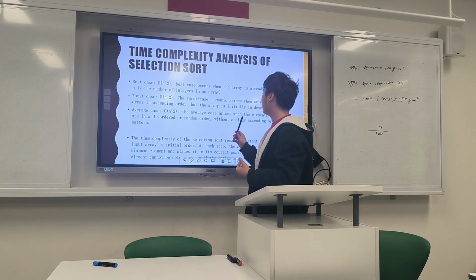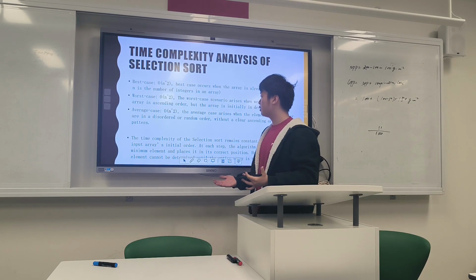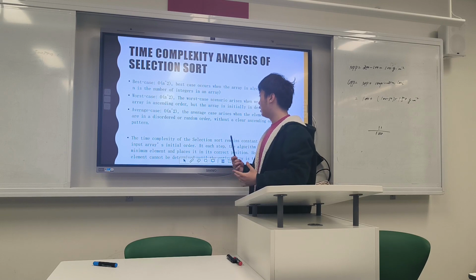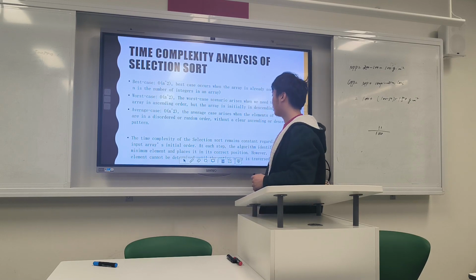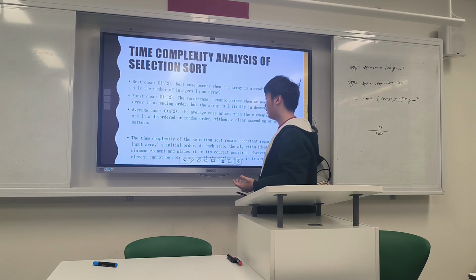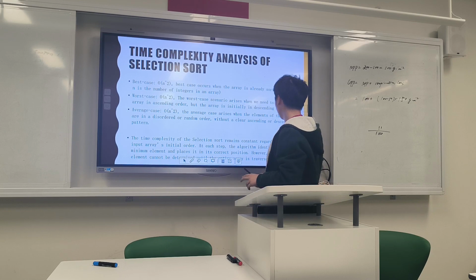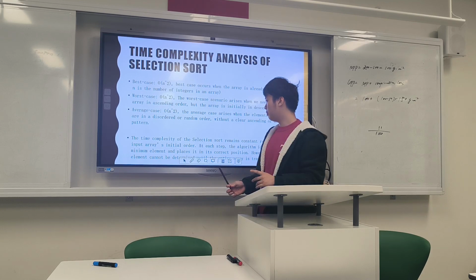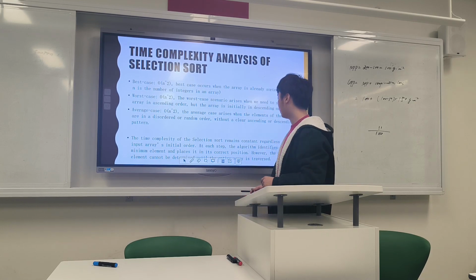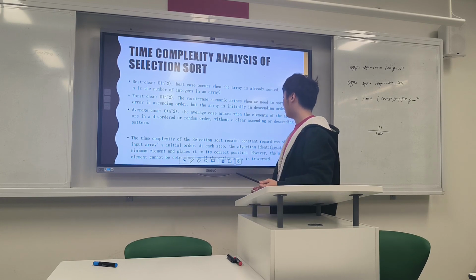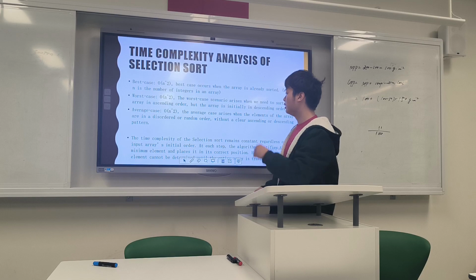And so in every case, this is an O(n squared) time complexity algorithm. So the time complexity of the selection sort remains constant regardless of the input array's initial order. At each step, the algorithm identifies the minimum element and places it in its correct position. However, the minimum element cannot be determined until the entire array is traversed.